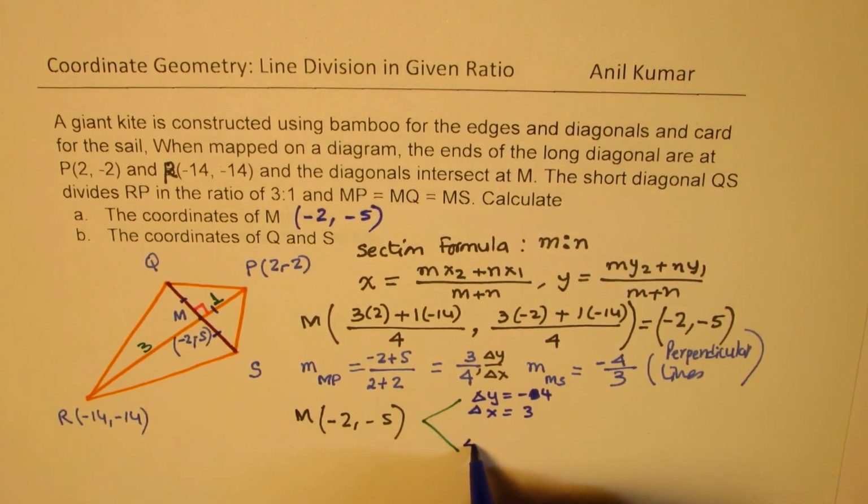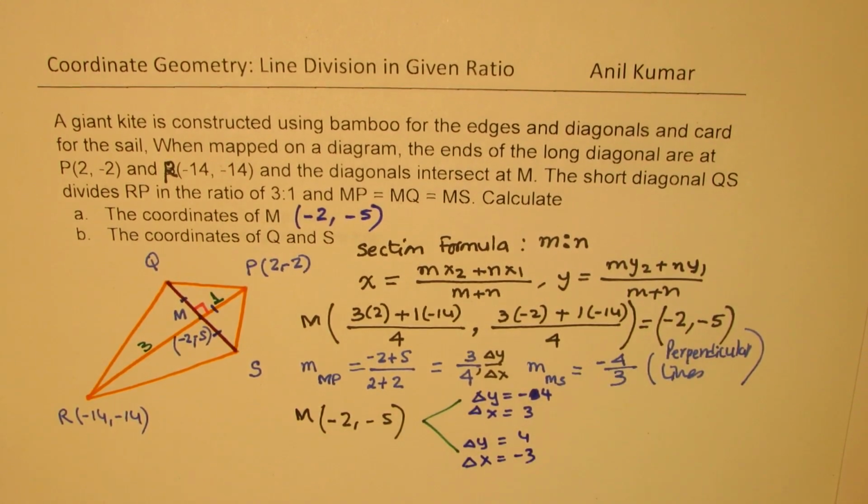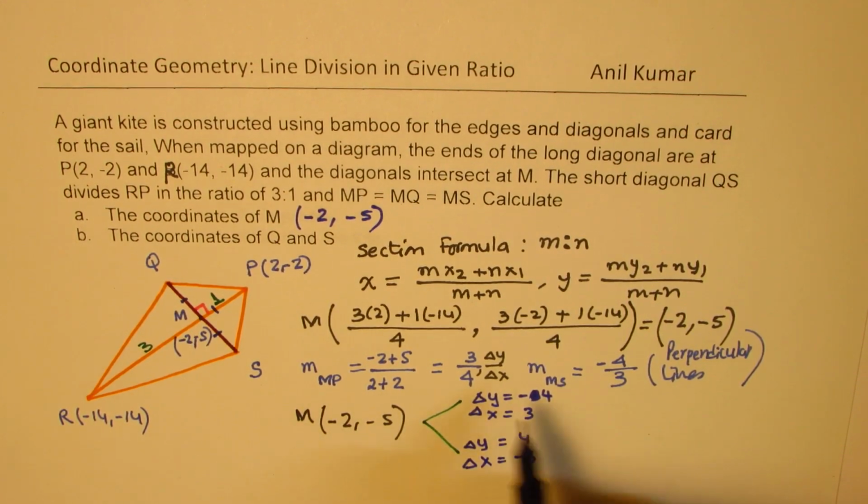Or we could flip it. We could have change in y is plus 4 and change in x is minus 3. That also gives us minus 4 over 3. Correct?